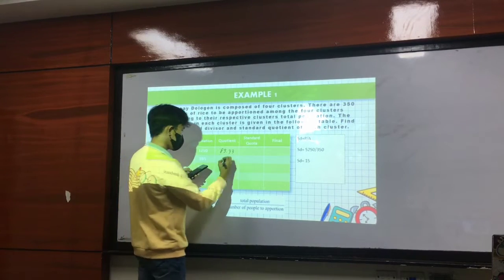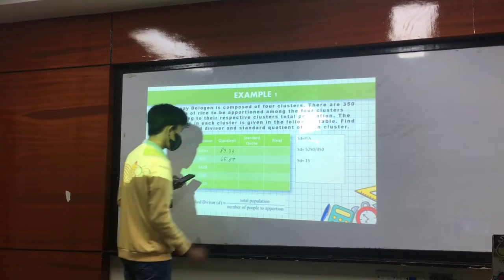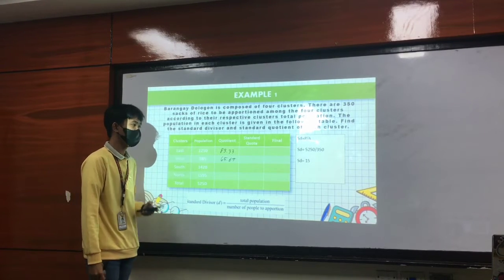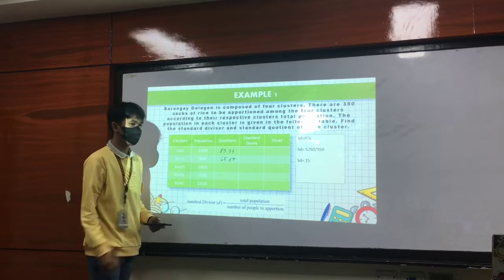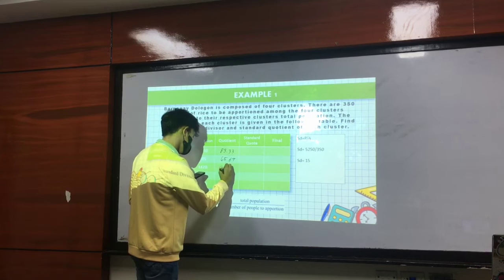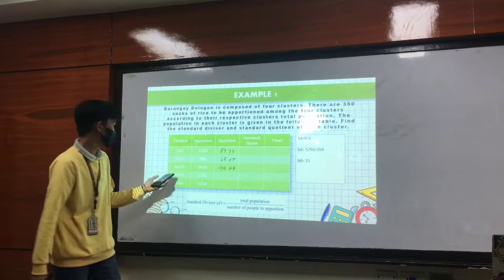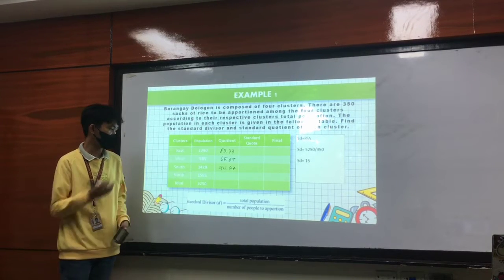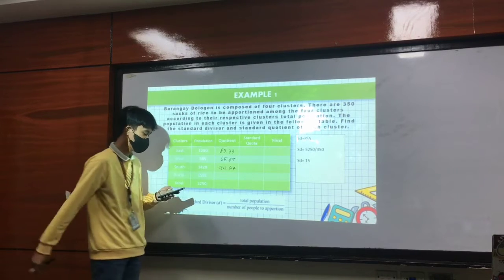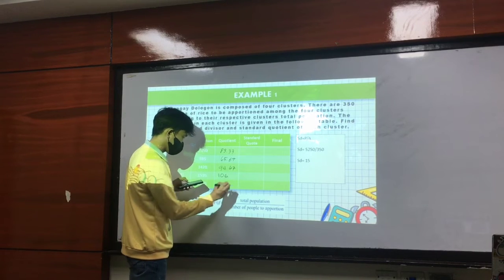We have a total of 65.67. In cluster south, we have a population of 1,420 divided by our standard divisor, 15. So we have a total of 94.67. And lastly, our cluster north, we have a population of 1,595 divided by our standard divisor, 15. We have 106.33.